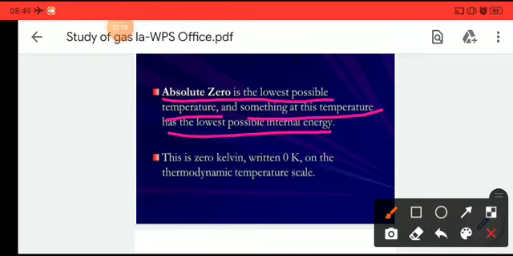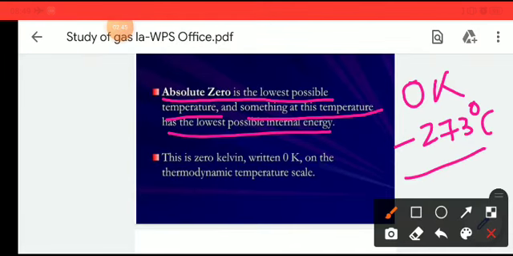Absolute zero is called 0 Kelvin, that means minus 273 degrees Celsius. When I write 0 K, at 0 Kelvin, that is minus 273 degrees Celsius, it is called the absolute zero.